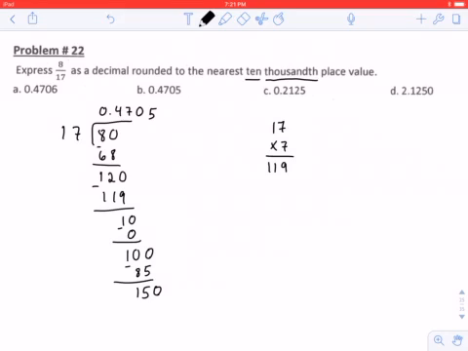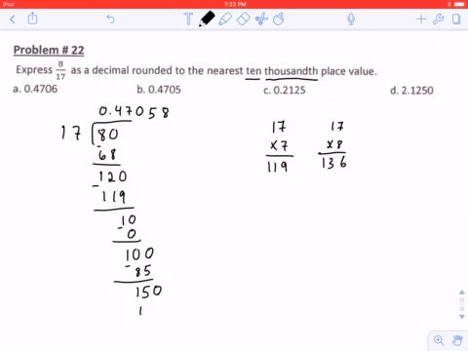That will be something bigger than 7. 17 times 8 is 136. Then an 8 will work perfectly. 8 times 17 is 136. We have 14 left.